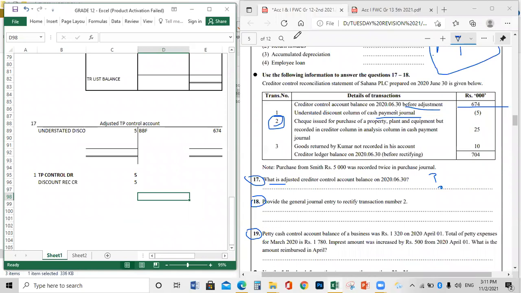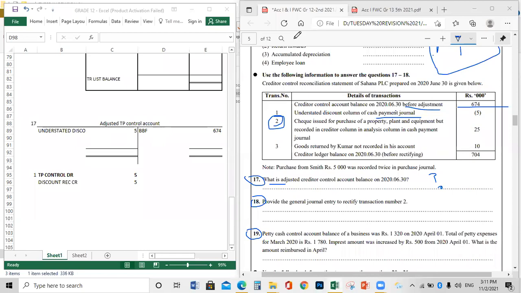Guys, tell me, when you have a check issue for property, plant and equipment in the cash payment journal, what is the column you record? Property, plant and equipment is a non-current asset. Is it coming under expense column, purchase column, creditor column, or other payment?